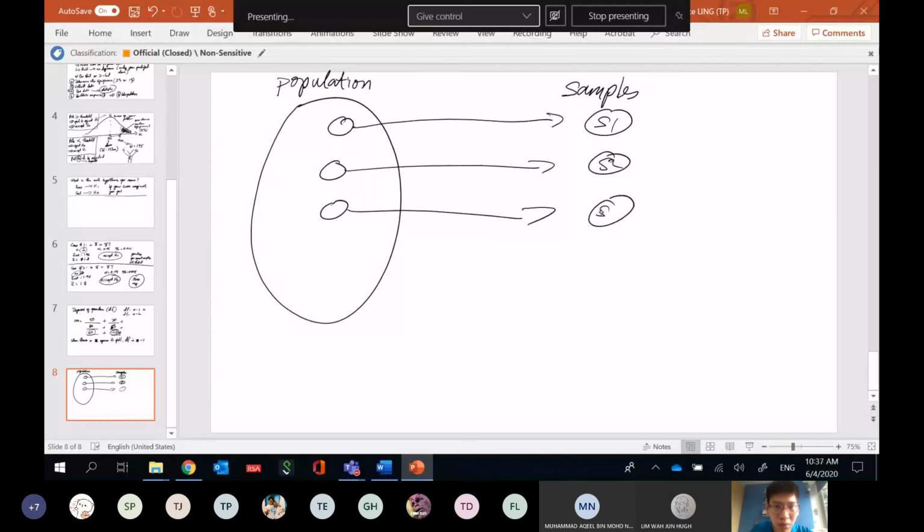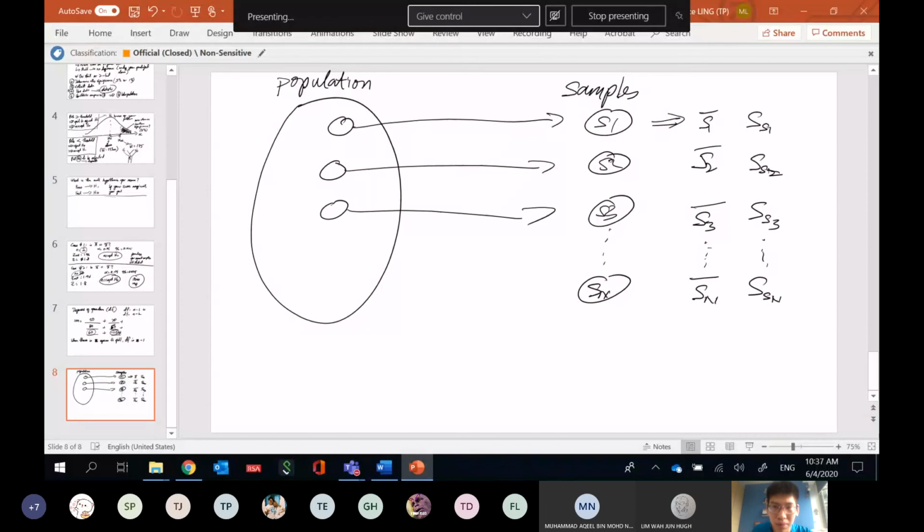For each sample we can calculate the average of sample 1, the standard deviation of sample 1, the average of sample 2, the standard deviation of sample 2, and so on, up to sample n, with the average of sample n and the standard deviation of sample n.